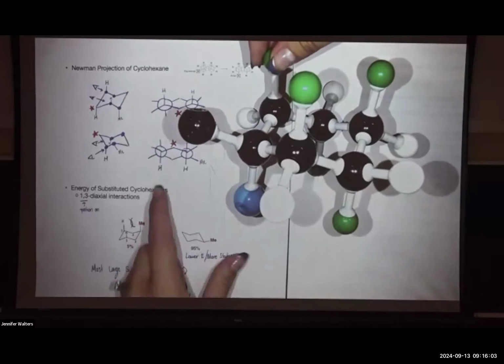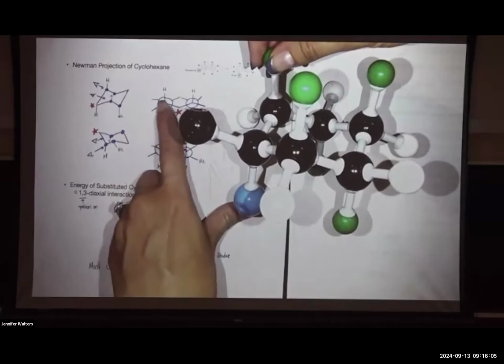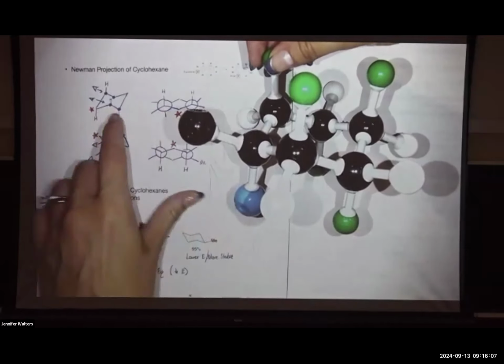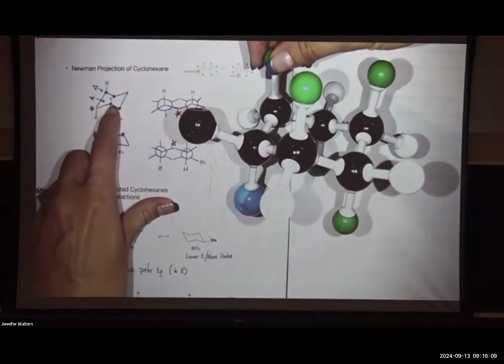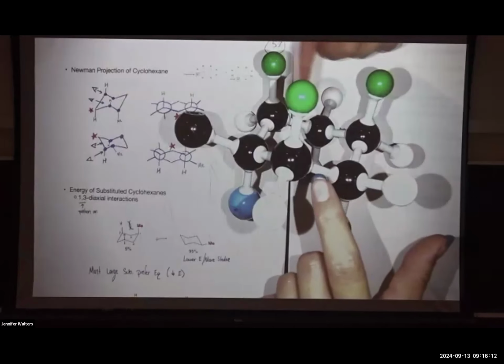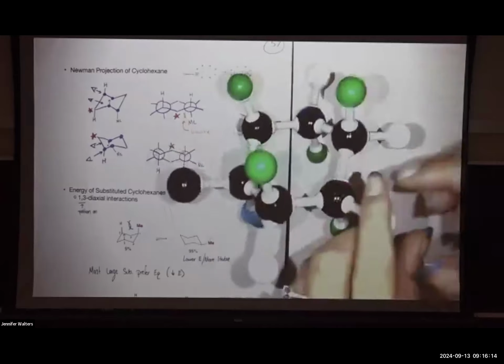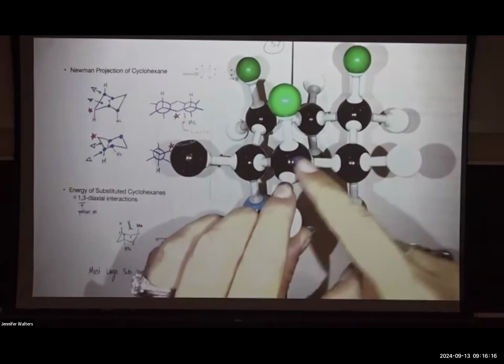To do the Newman projection, it's easiest if you imagine that you have a left eye and a right eye. So the left eye is going to look down this back bond. The right eye is going to look down the front bond.